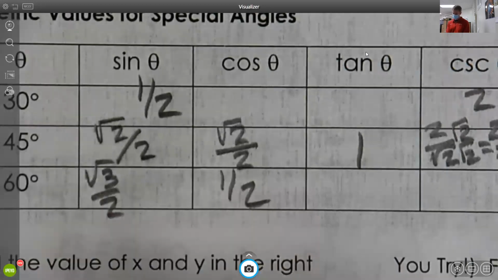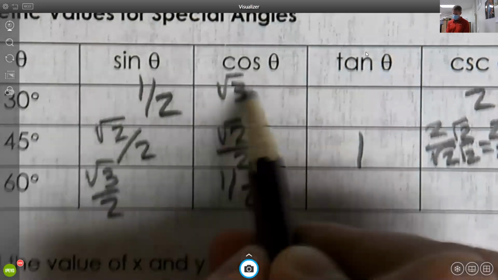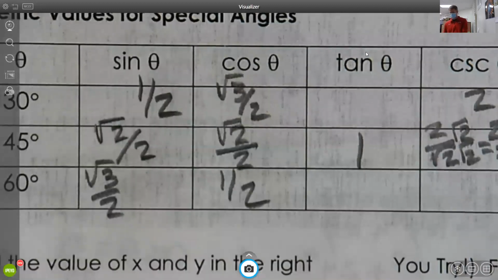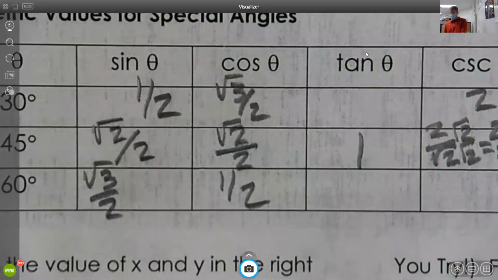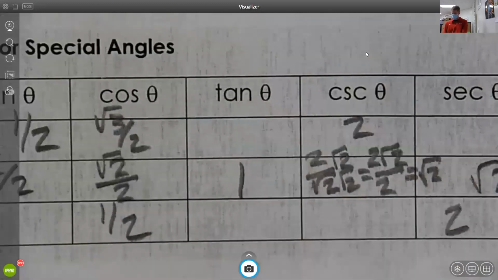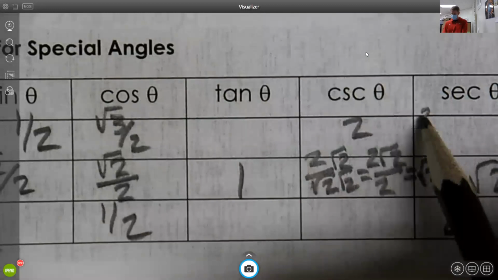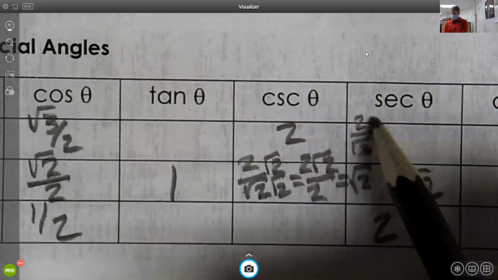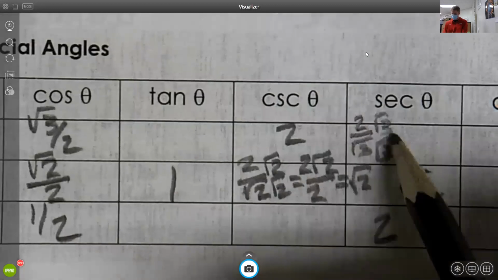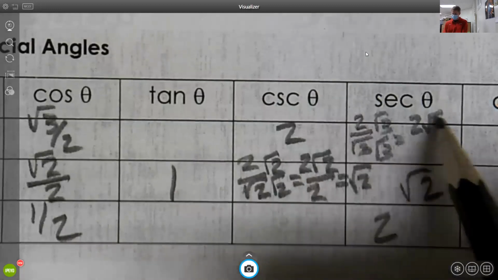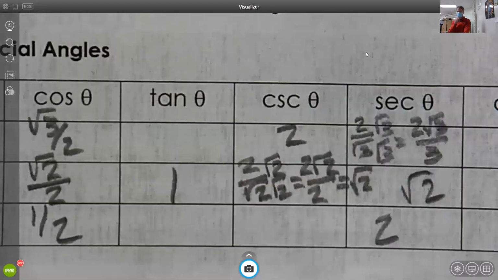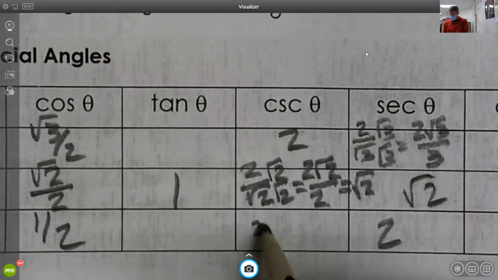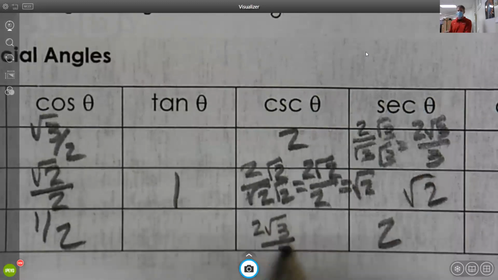So was the cosine of 30, root 3 over 2. So the reciprocal was 2 over root 3. And yes, you have to rationalize the denominator, and you get 2 root 3 over 3. We're going to get 2 root 3 over 3 for the same reason.